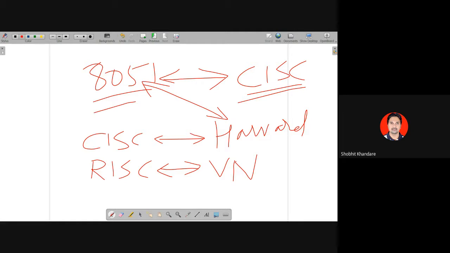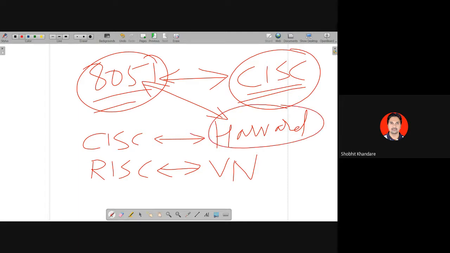Yes, sir. So your 8051 is a CISC computer, as well as it follows Harvard architecture. Okay. So that is also an important point. So this is also one of the features.